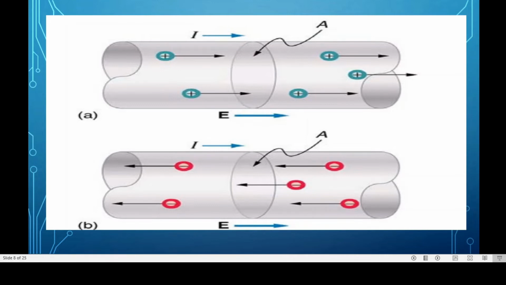The second diagram represents negative charges moving in the direction opposite to the electric field. Note that conventional current is in the direction opposite to the movement of negative charges. The flow of electrons is sometimes referred to as electronic flow.